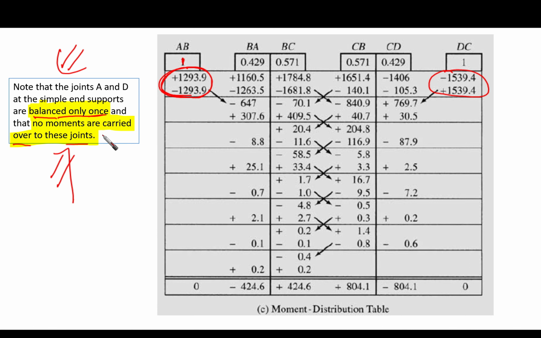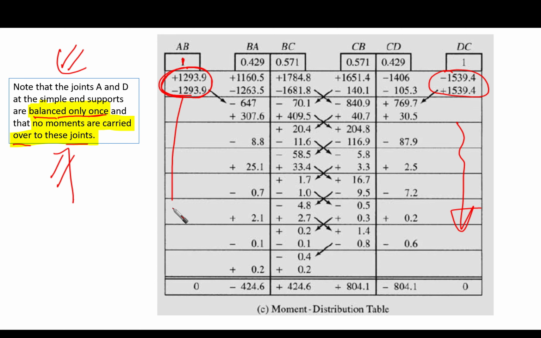After that, you are going to find that everything is done as usual, and you can do it by yourself as an in-class assignment to exercise your skills in the moment distribution procedure. Then you are going to sum up everything.